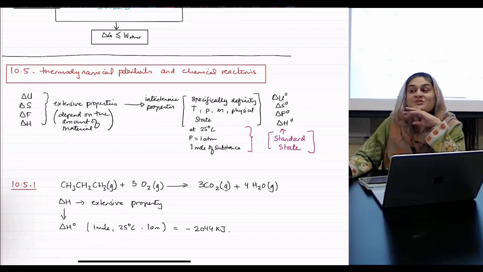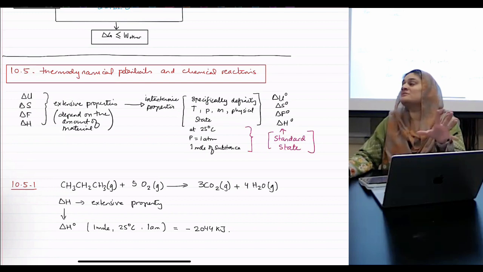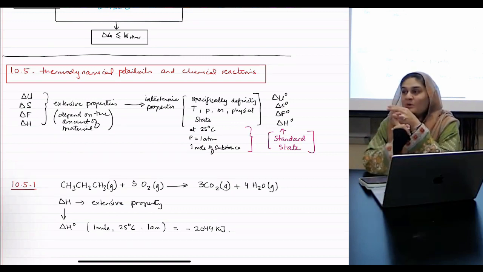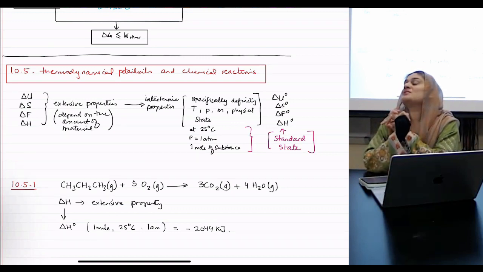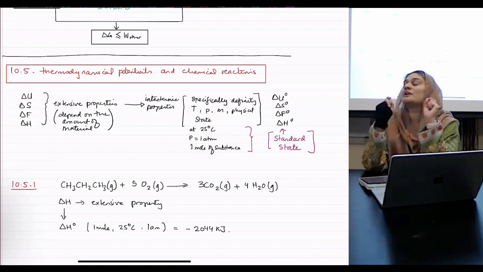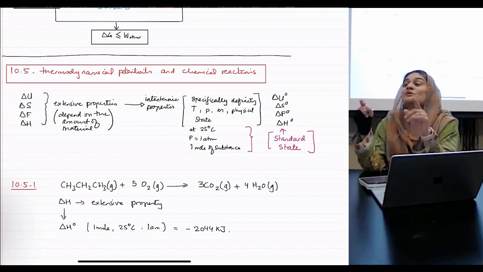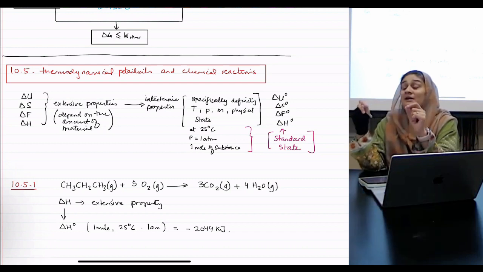So somebody spent a long time calculating that number. And once that number was found, at 1 atm and at 1 mole and at 25 degrees Celsius, it was put in a textbook, in a table, and everybody uses it, making sure that you put a delta H0 on it.